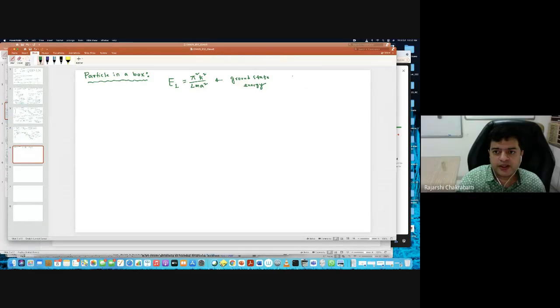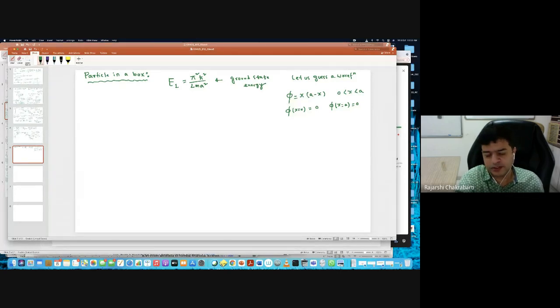So let us guess a wave function. We know the exact wave function, of course, the sine function, but let us guess. Our guess is phi equal to x into a minus x. This is not a bad guess, no? Within the box this is fine, because when x is equal to 0, the value is 0, and when x is equal to a, again 0. In between you have some value. It is ax minus x square.